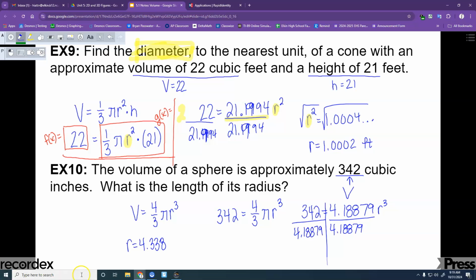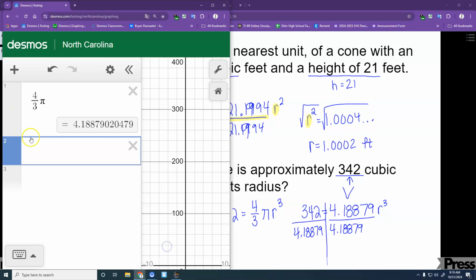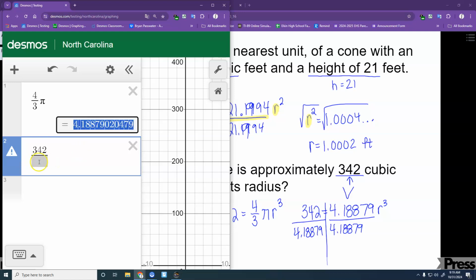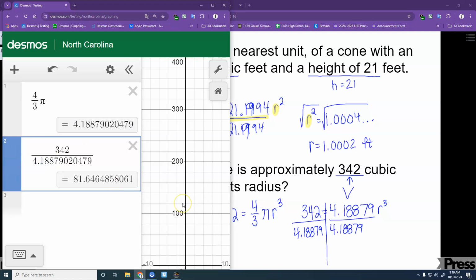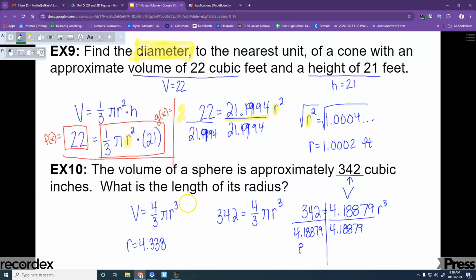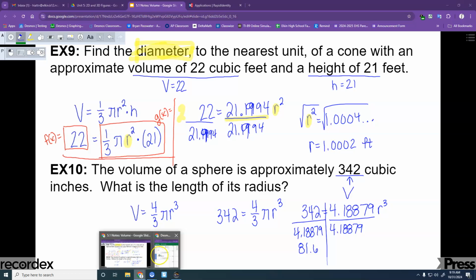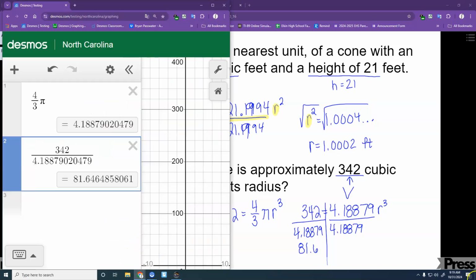So I would, over here in Desmos, just copy and paste it. So you got 342 divided by, copy and paste that number. So that gives me 81.646.